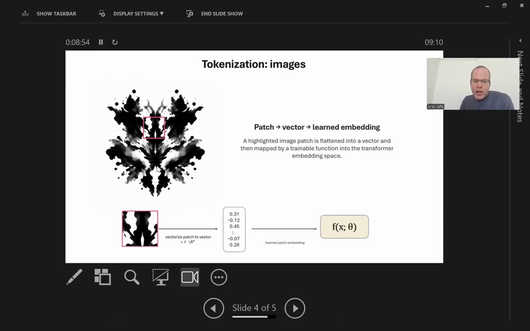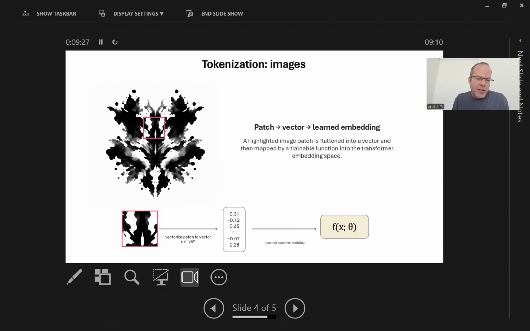Or it can be more complicated than that. You can use a convolutional neural net, which is just a sliding window. With certain parameters, you can use a convolutional neural net to both break up the image into different parts and learn the representation using one, two, three layers of a convolutional neural net, and that is also an option in modern transformers.